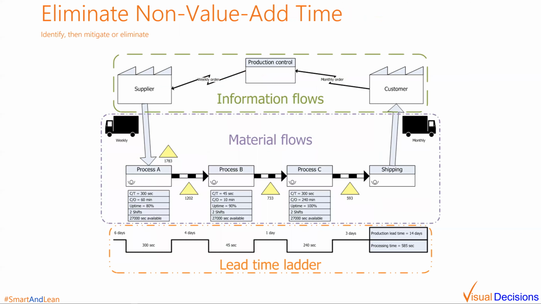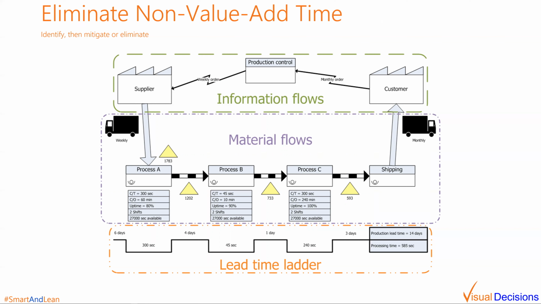The next step that we talked about was looking at non-value-add time during production. This is a typical value stream map that looks at the different processes that material has to go through between receiving and shipping. When we look at a very typical map here, what we see is much longer times between operations.